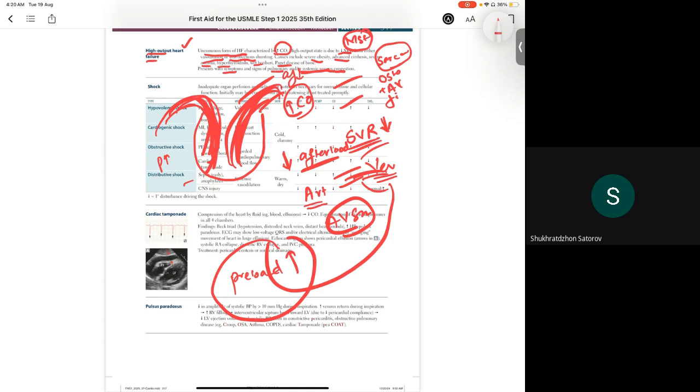Because preload is more and afterload is less. Because the preload depends on the peripheral. Yes, the problem is with the peripheral systems. You can say peripheral formation of AV fistula, hyperthyroidism. Yes, you can say that somehow. Correct. Okay, thank you.